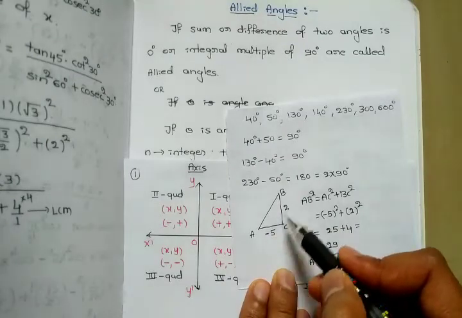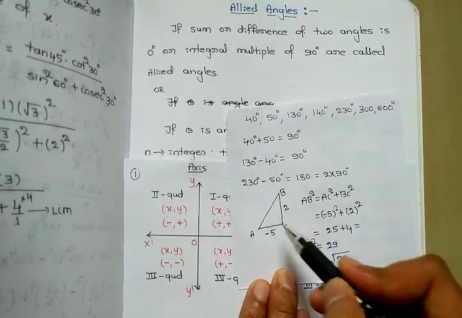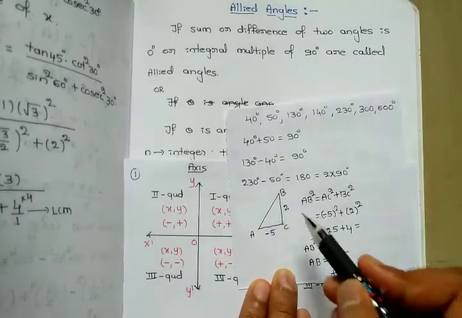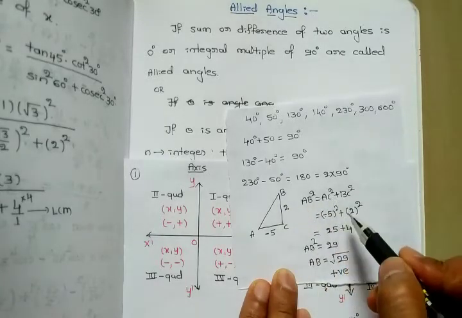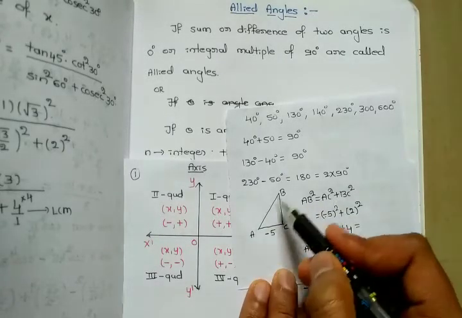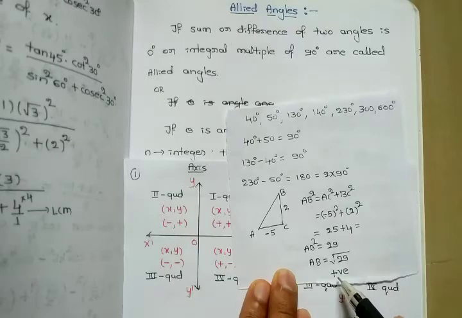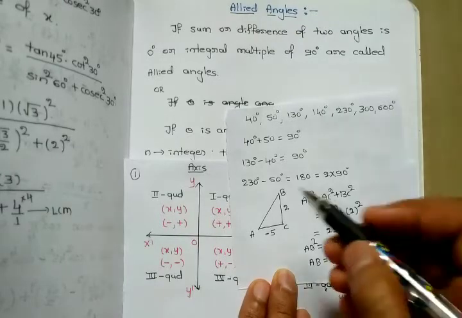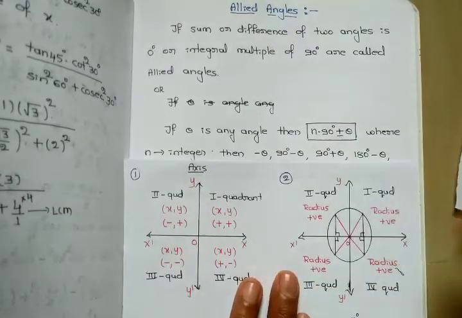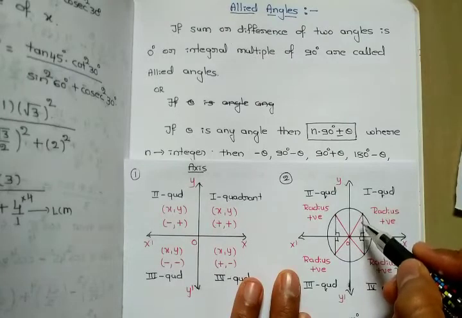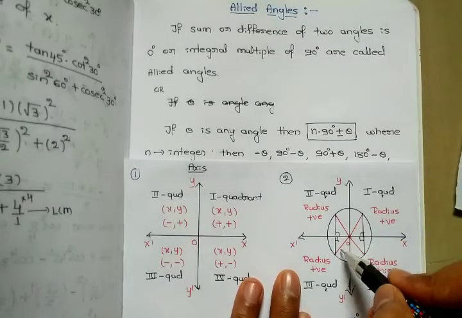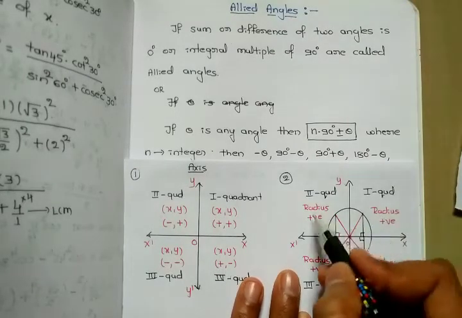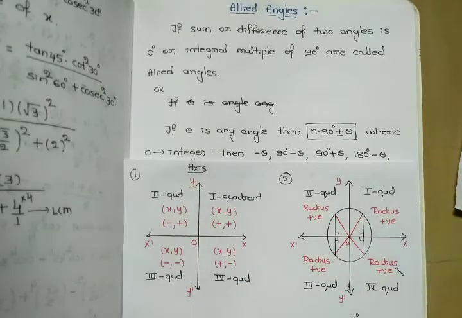If you take any one negative or both the values are negative, again because of this Pythagoras theorem, this AB value becomes positive only. So because of this reason, this AB indicates the radius, correct? Therefore that radius remains positive in all four quadrants.